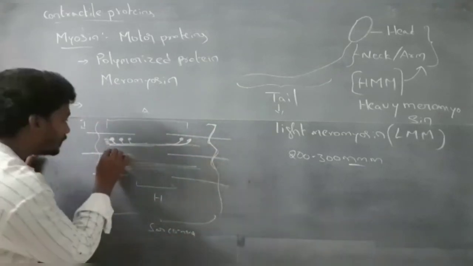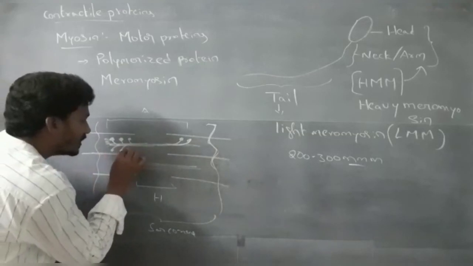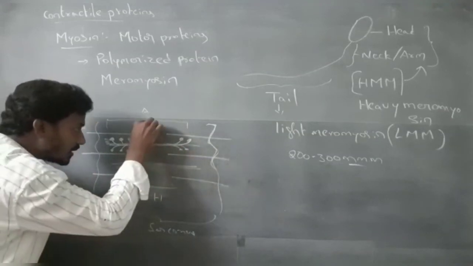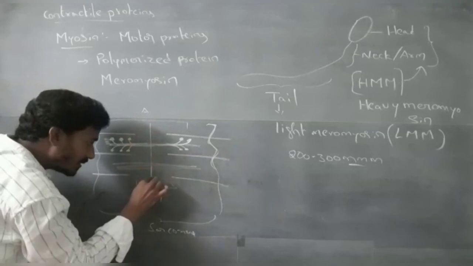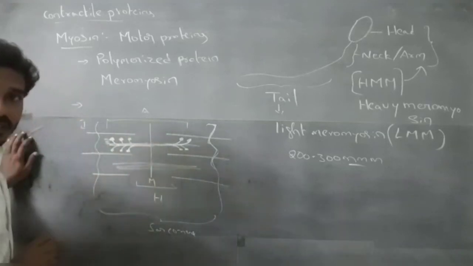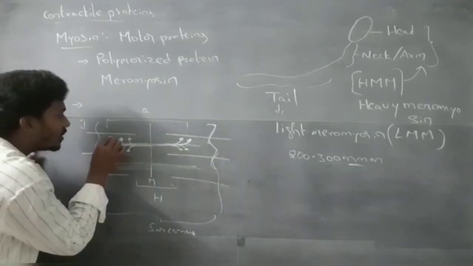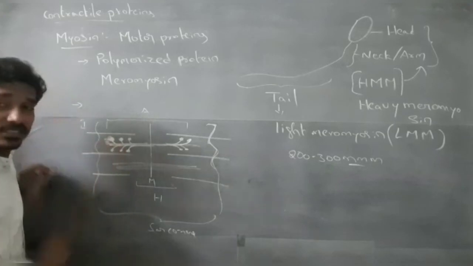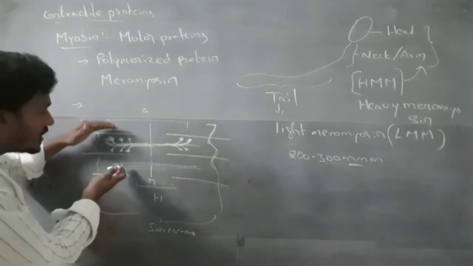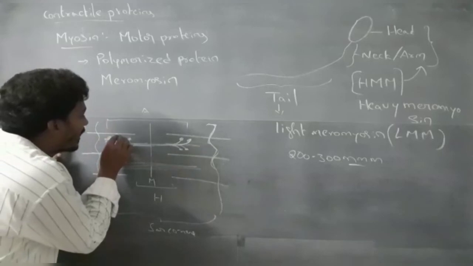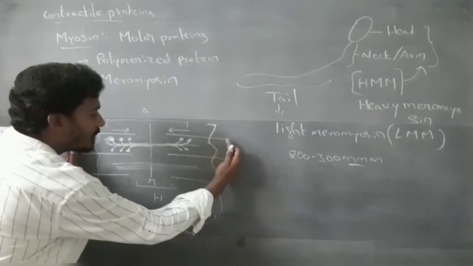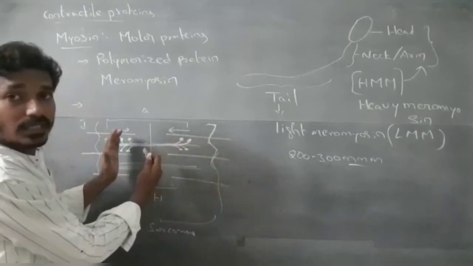It means the tails of the meromyosin molecules move toward the M line. This is the M line; the tails are towards the M line and the heads are towards the Z line. This arrangement helps the contraction, pulling the actin filaments towards the H zone.